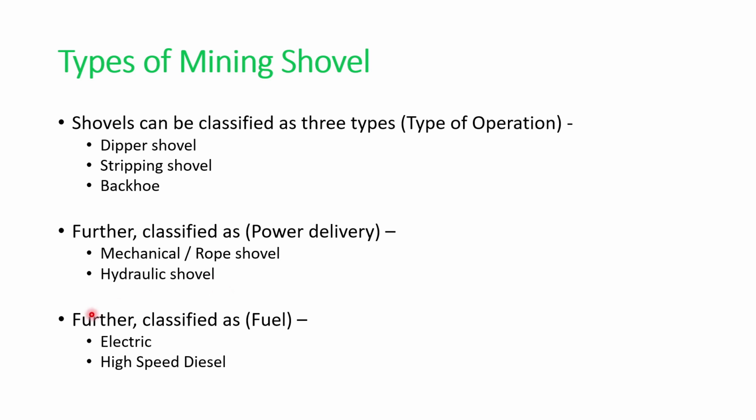And further, the shovels are classified as electric shovel or diesel shovel as per the fuel which is used in the shovel. If we are using electrical supply for the energy which is required for the shovel, that's called the electric shovel. And while we are using diesel for that energy requirement, then the shovels are called the diesel shovel.